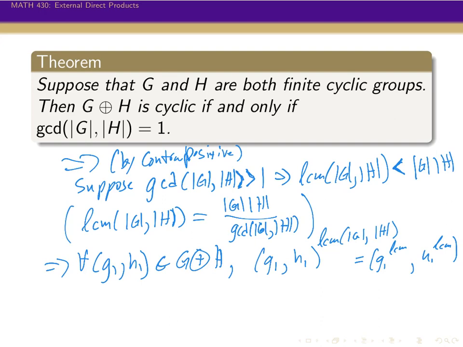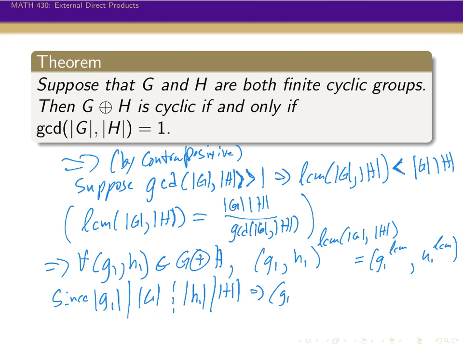And so from what we saw in the last couple of videos about Lagrange's theorem, the order of G1 divides the order of G, and the order of H1 divides the order of H. So this means that G1 to the LCM, H1 to the LCM is equal to the identity, let's call it (E sub G, E sub H).